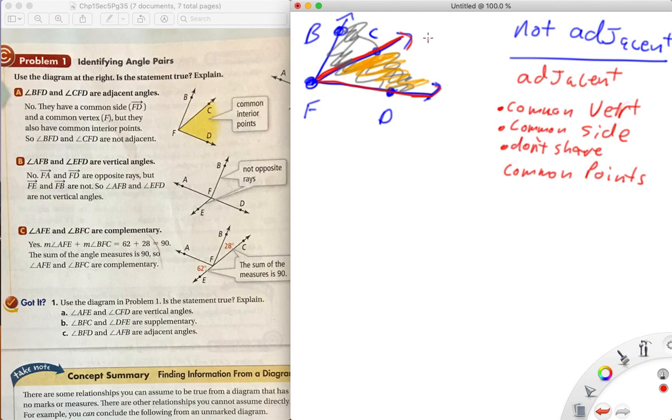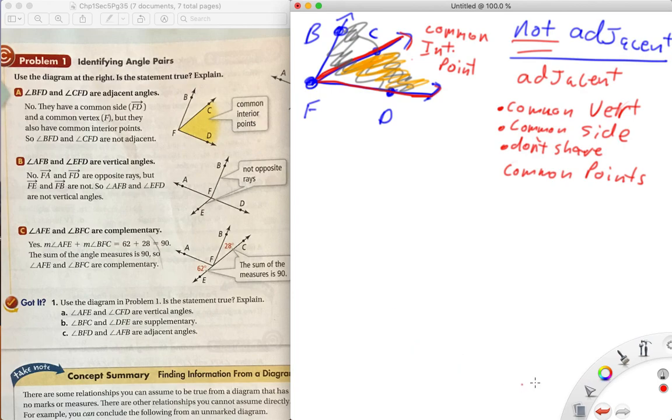They overlap. Since they have common interior points, points in the interior that they share, we say that these are non-adjacent angles.